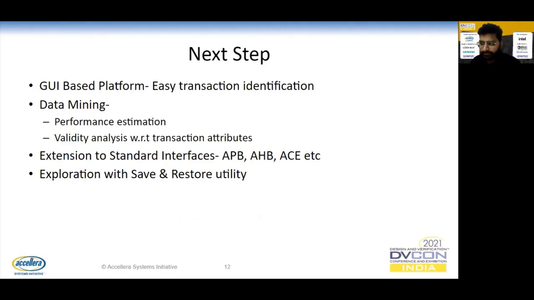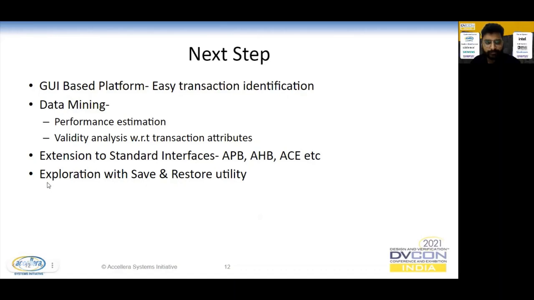Once the data is ready, more data mining algorithms can be run on the tool to extract more informative conclusions, like performance estimations, and validity analysis can also be done based on transaction attributes. As of now, this tool is implemented only on the AXI protocol, but moving further, we can implement it on other standard protocols like AHB, APB, and other new protocols like CHI.